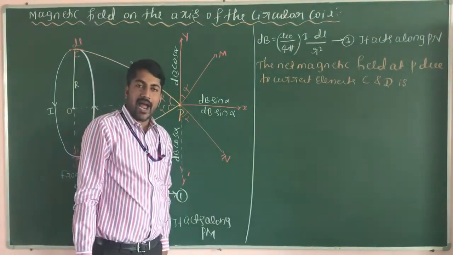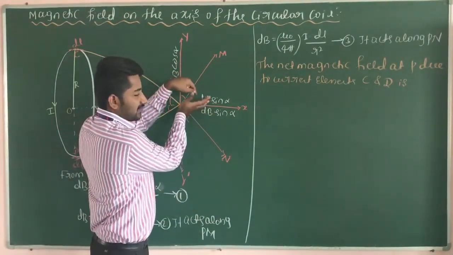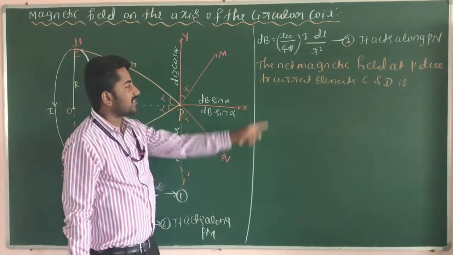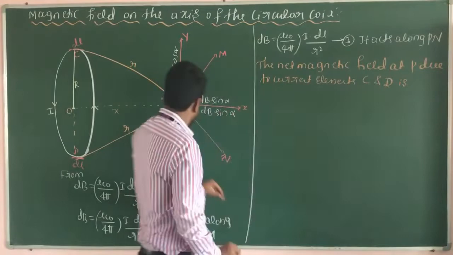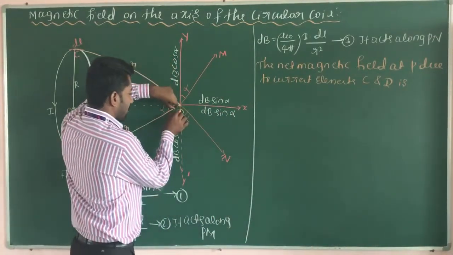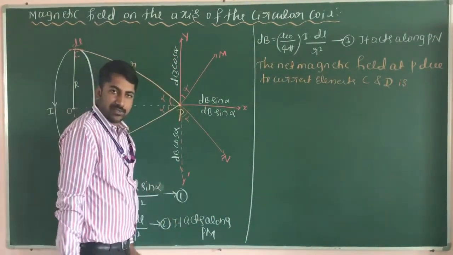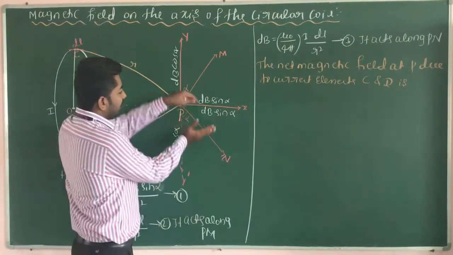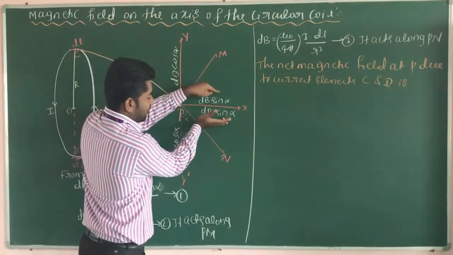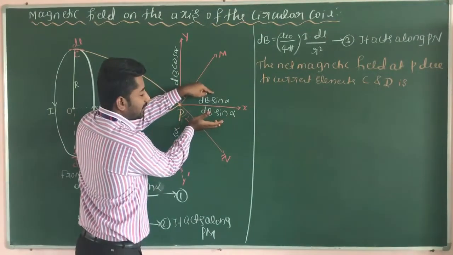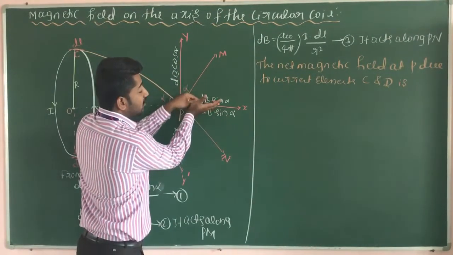Now we add the x components. The net magnetic field at P due to the current elements C and D: these two values cancel each other because they are moving in opposite directions. Here dB sin alpha and dB sin alpha are along the same axis from the center of the coil, so we add these two values.